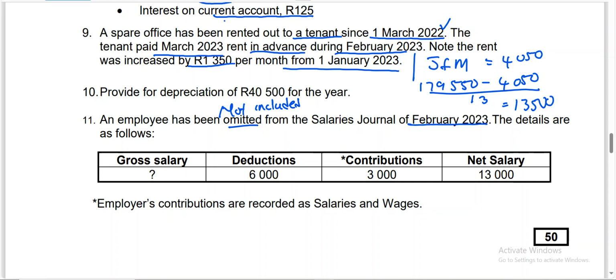Here what's happening is that we have an employee who was not included in the February salaries journal, but they were supposed to be included. Because they were not included, we must include them so that our financial statements can be accurate. Remember, I told you that our cost for an employee is going to be the gross salary plus the contributions that we will make for them.